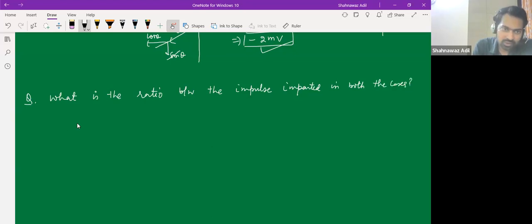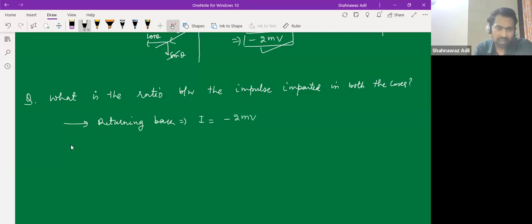For returning back, the impulse was minus 2 m v, correct? And with some angle theta, let's say this is I1, this is I2, this was minus 2 m v cos theta.